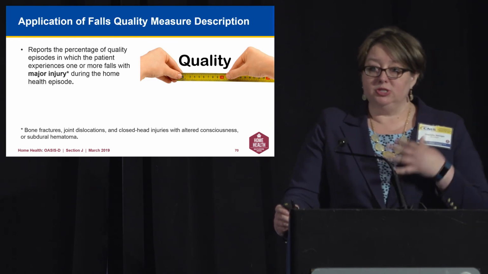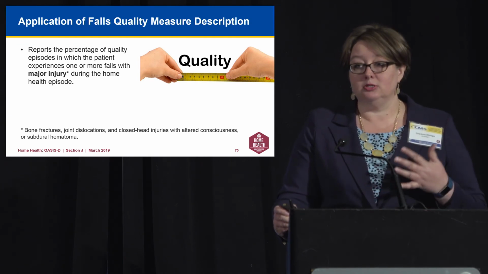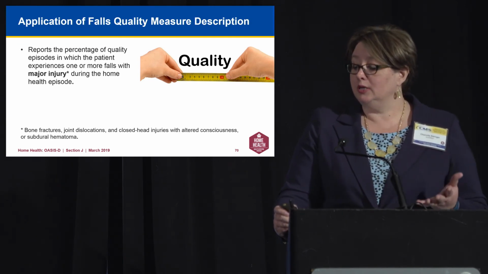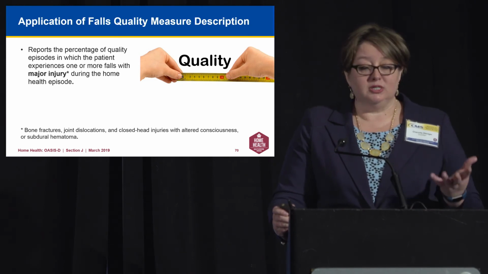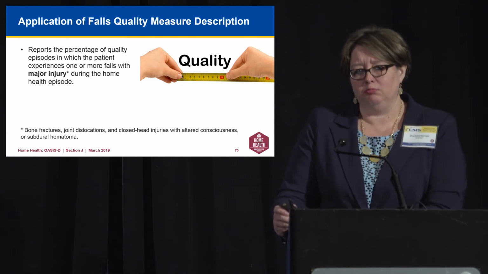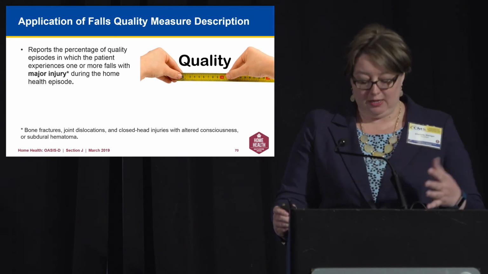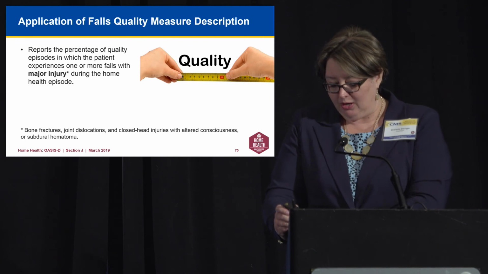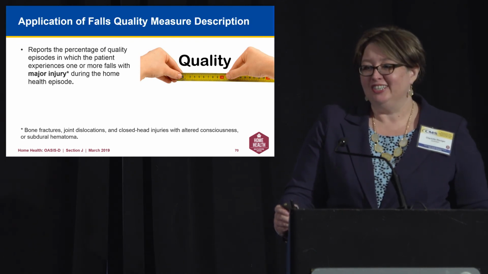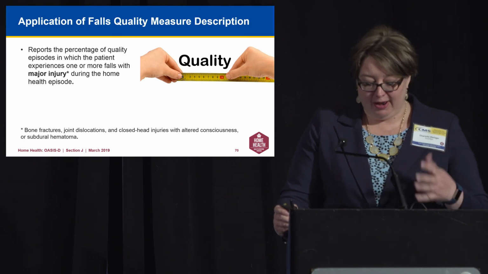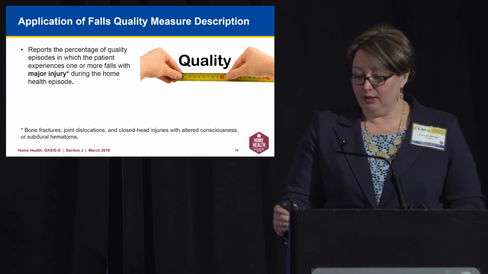And a major injury, just to go back, our examples include bone fractures, joint dislocations, closed head injuries with altered level of consciousness, and or subdural hematomas. Again, I want to reinforce that that's not an exhaustive list, that's just examples. You're going to be using clinical judgment, or have your clinicians use clinical judgment, to figure out which category that fall fits in, okay?